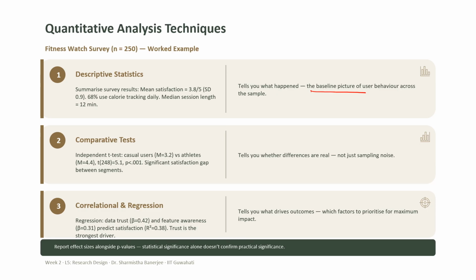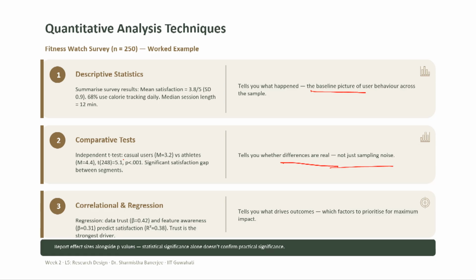Then I will do comparative tests. The comparative tests tell you whether the differences are real or just sampling noise. So I identified that 68% of the people use calorie tracking daily, and the mean satisfaction is 3.8.